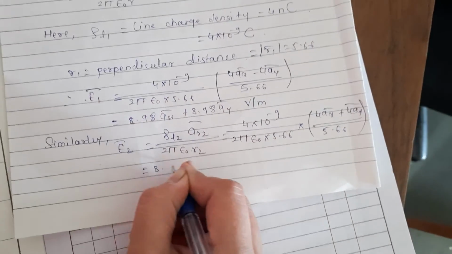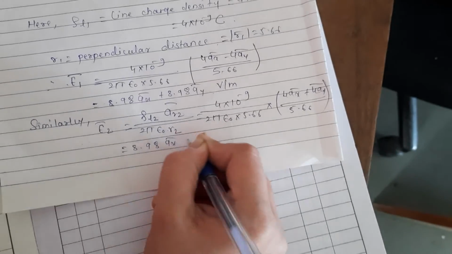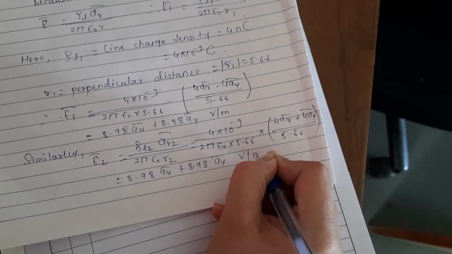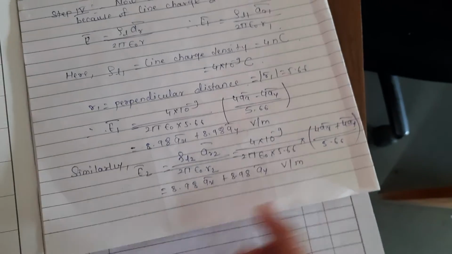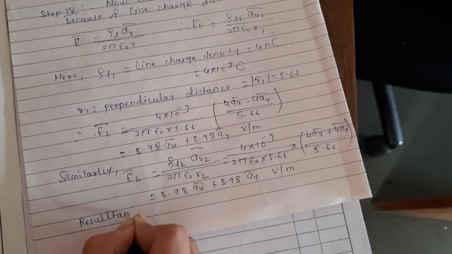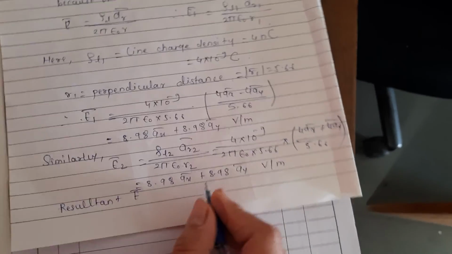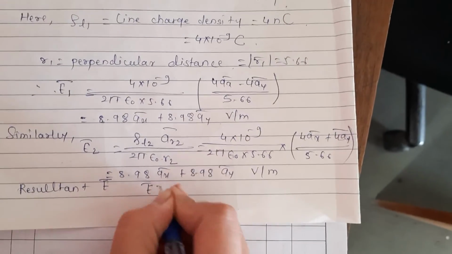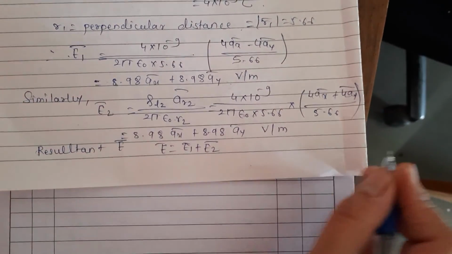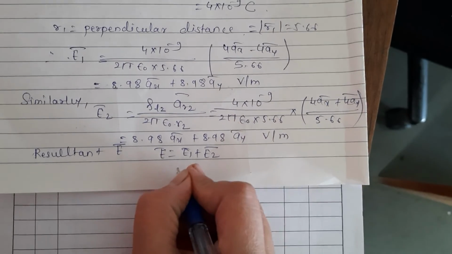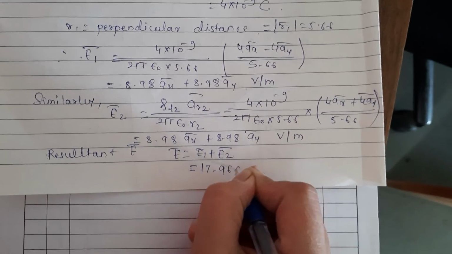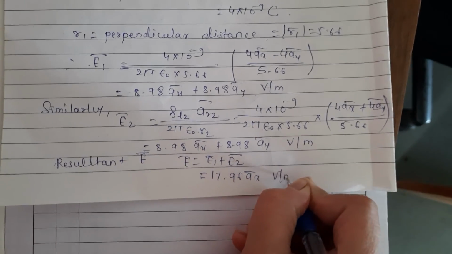So it is 8.98 ax bar plus 8.98 ay bar volt per meter. Now the resultant E bar is E1 bar plus E2 bar. We substitute the values and we get 17.96 ax bar volt per meter.